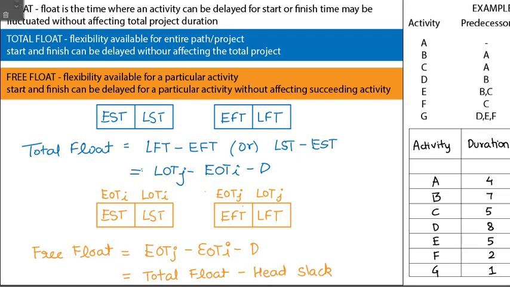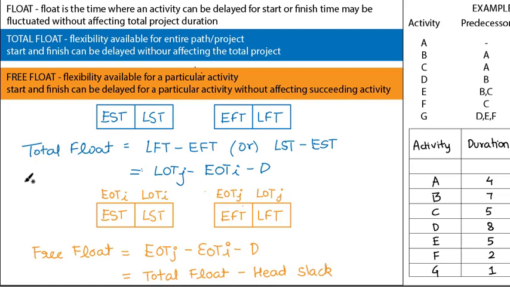So now let's read the definition. Total float is the flexibility available for the entire project. Start and finish can be delayed without affecting the total project time. So whatever the float of a path or a particular activity, the final completion time will always be the same, which means the critical path has no float.